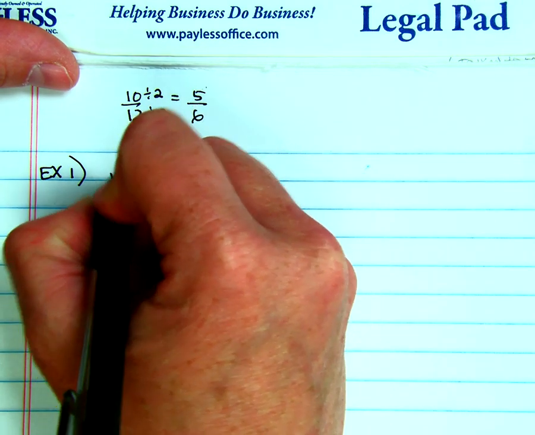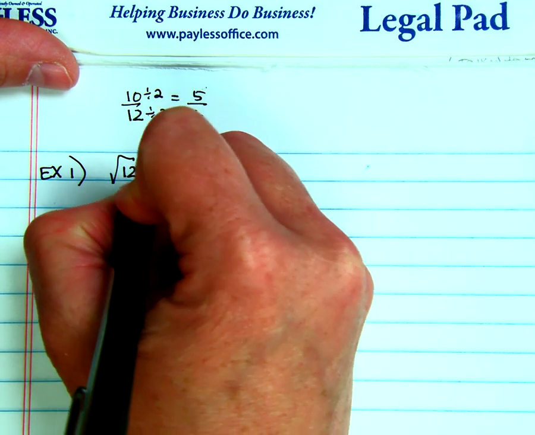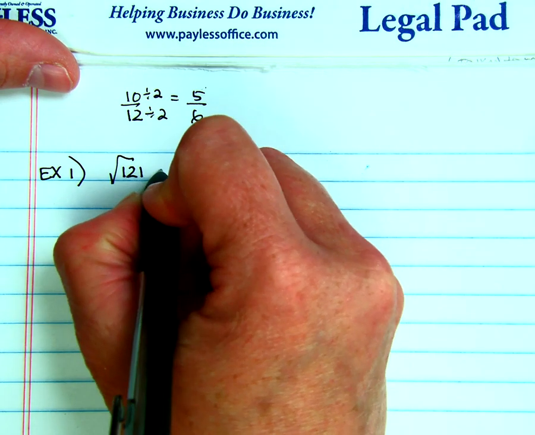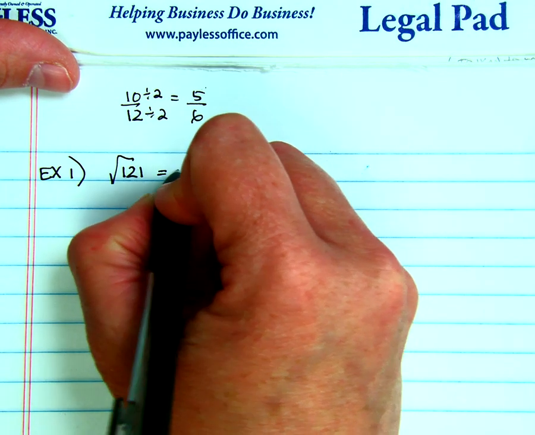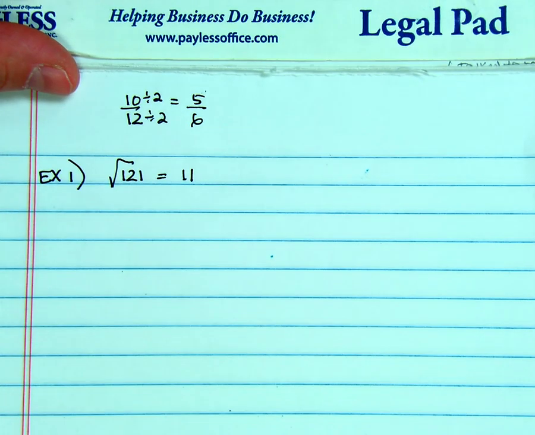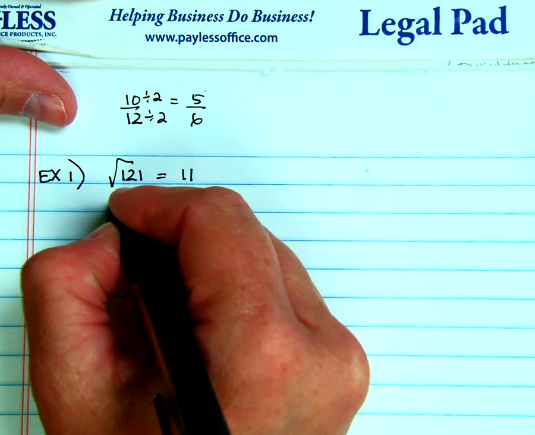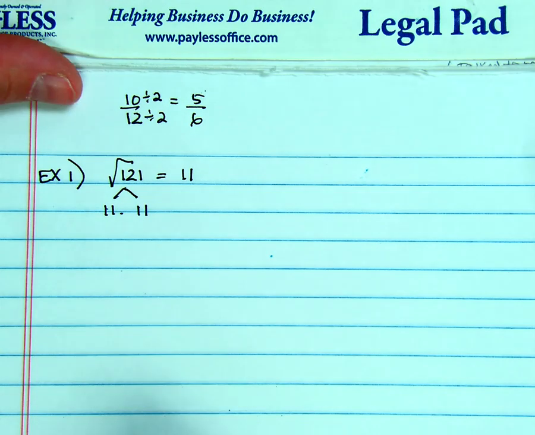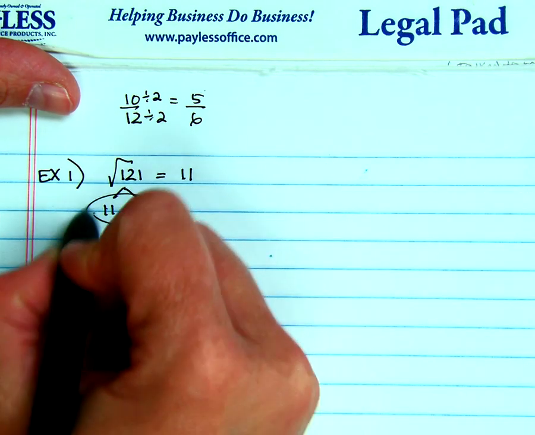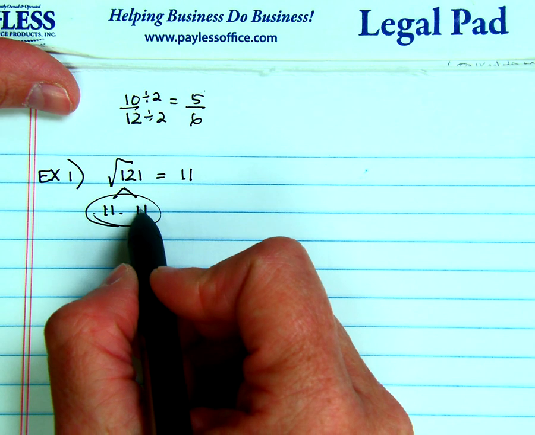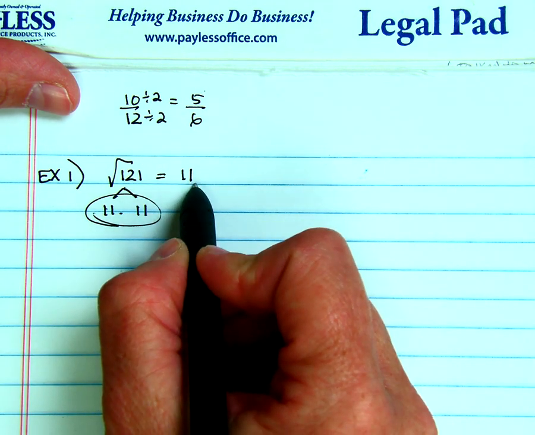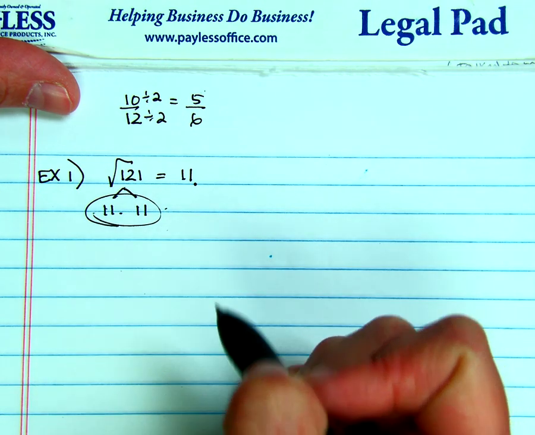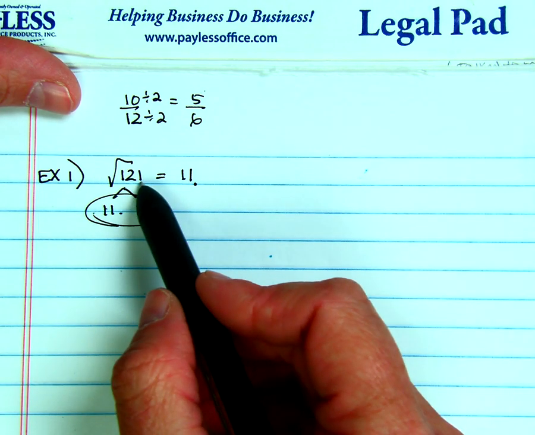So if we had the square root of 121, I know that is the same thing as 11. You can think of this a couple different ways. You could go through the factors and realize that it's 11 times 11. That is a pair. Take one number out and put it outside the radical. There's nothing left to put underneath the radical. So this is one of those perfect squares.